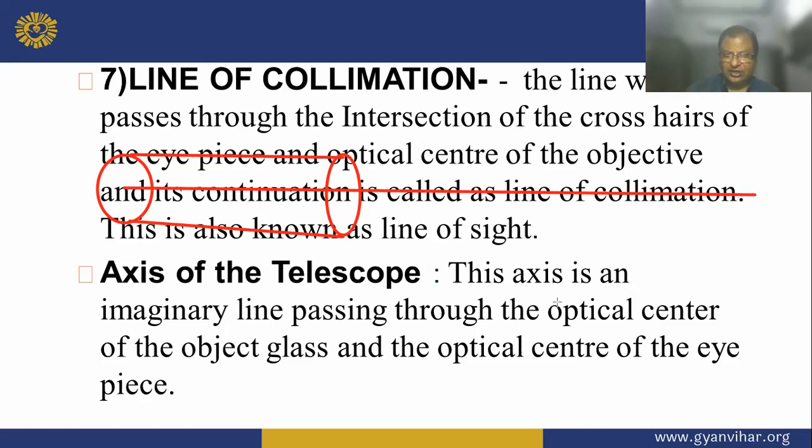And this is called the axis of the telescope, because when you look here, there is one center line, one half line, and one half line also looks. But we only check the axis of the center line. Correct?